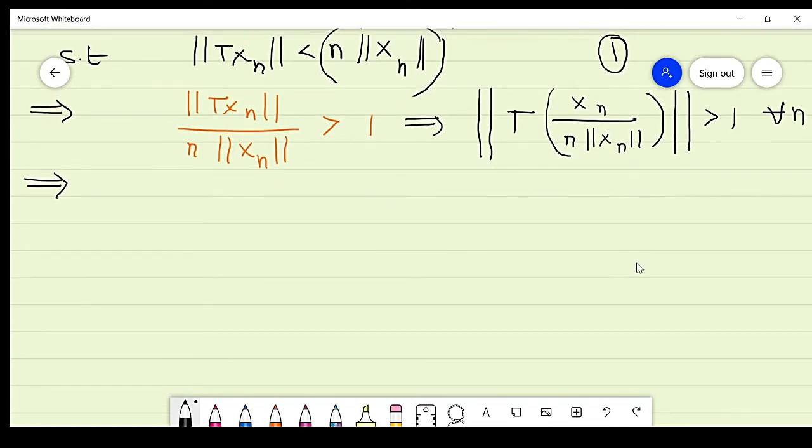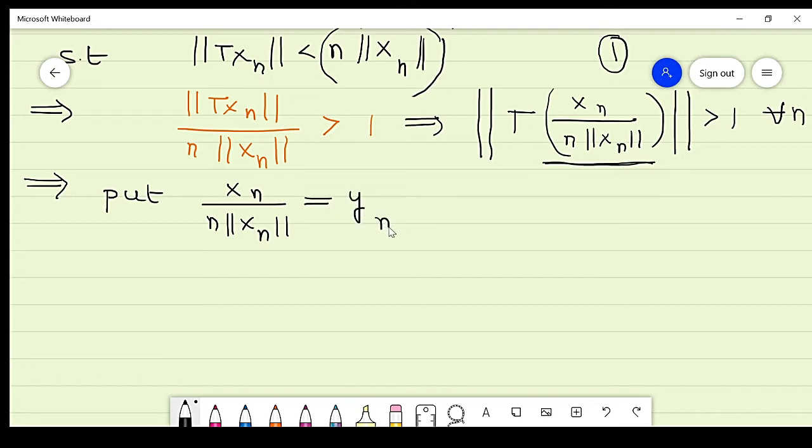So I can take 1 by n outside, inside. That is a simple property of linear transformation: T of alpha x is equal to alpha of Tx. Now this is again a sequence. So I put this xn over n into norm of xn equal to yn.